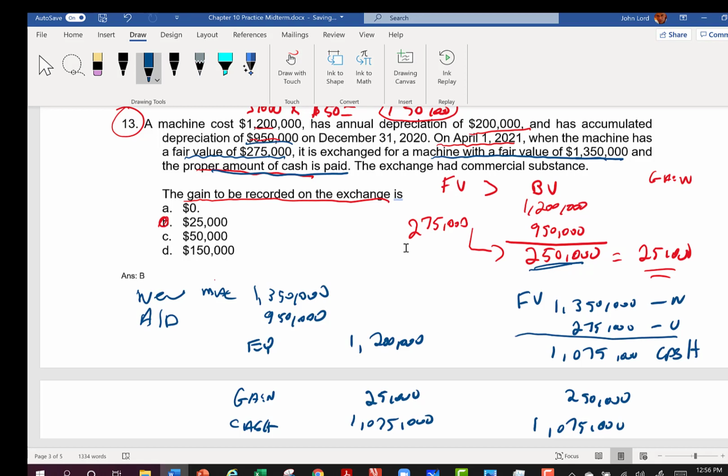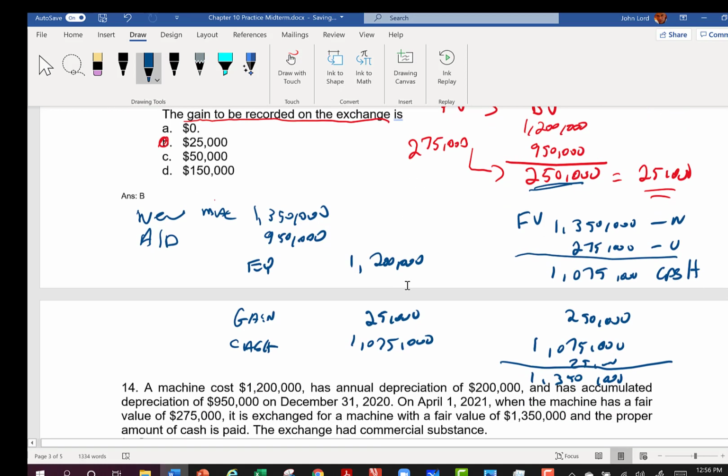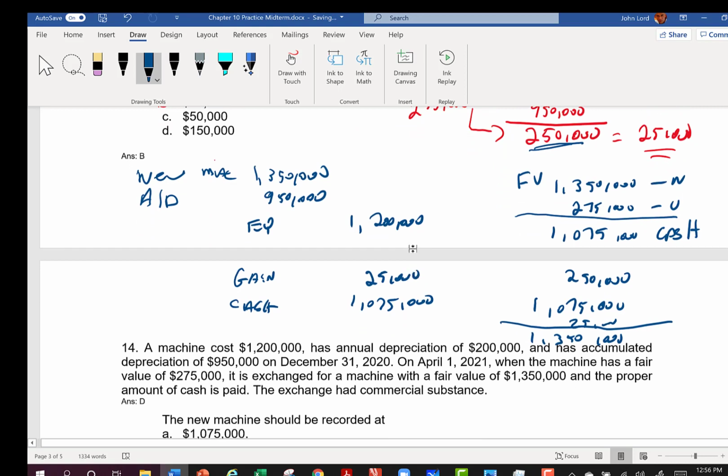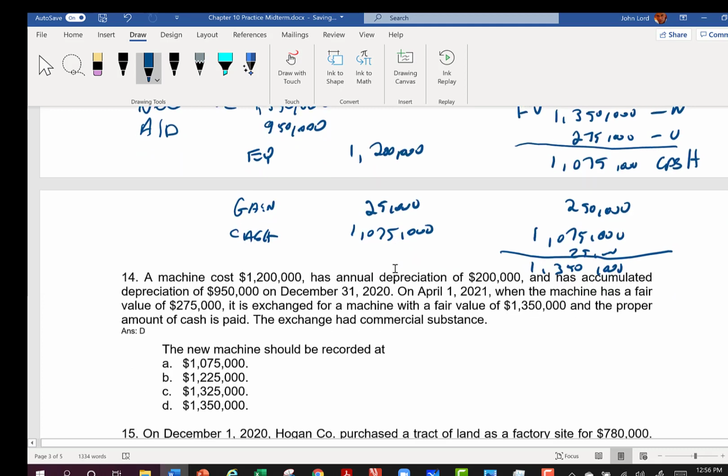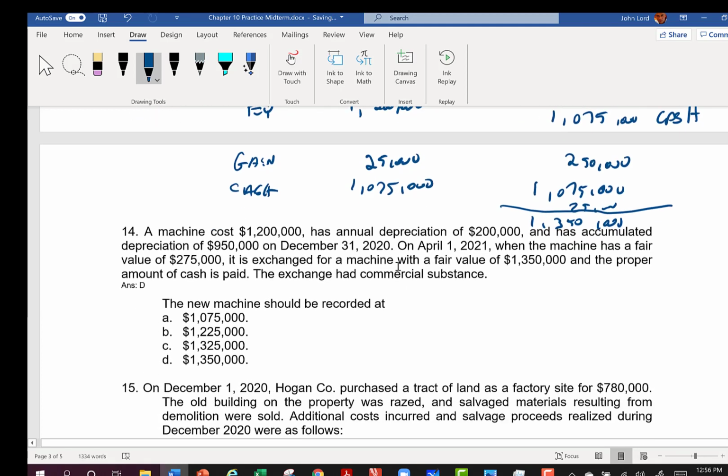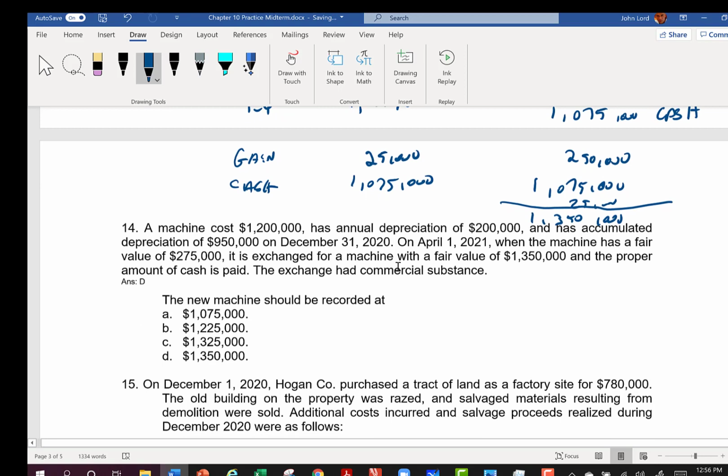Now this question just asks you basically pieces of the journal entry, and you didn't have to do the whole journal entry to answer this, but you can see that we can go ahead and get the answer to the next one, the new machine should be recorded at the 1,350,000. Okay? Okay, good.